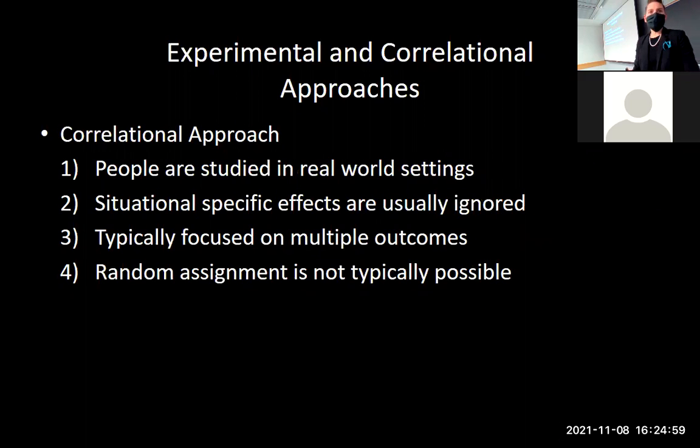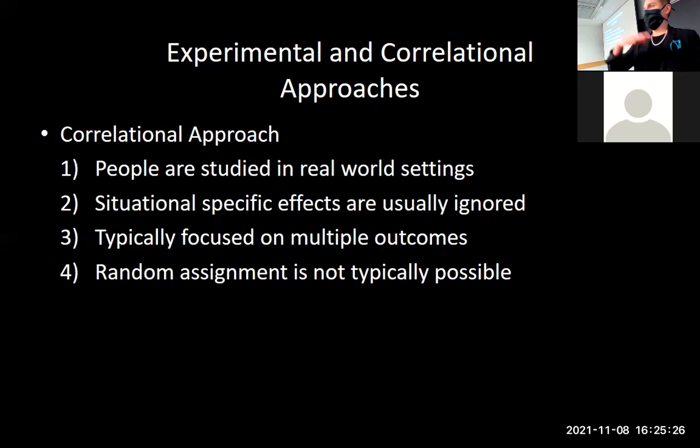In a correlational approach, you have people that are more often studied in real-world settings. Situational specific effects are often ignored. Those are treated as noise. But we're focused on multiple outcomes, usually not just one, but taking a multivariate approach, measuring a lot of stuff and seeing what happens. And usually we don't have random assignment in these types of designs.